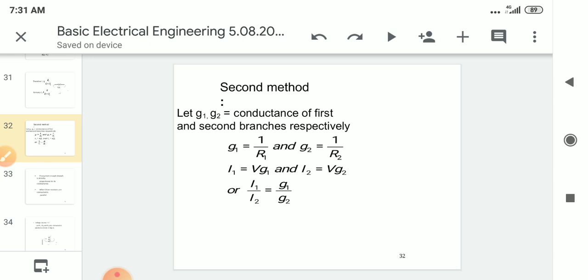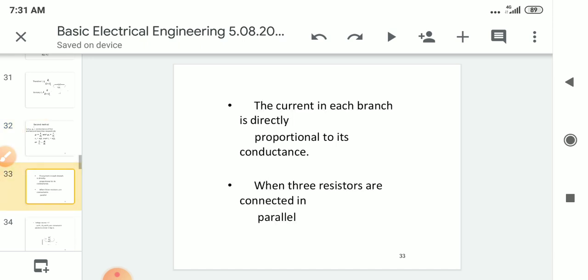Divide these equations, then I1 by I2 is equal to G1 by G2. The current in each branch is directly proportional to its conductance.